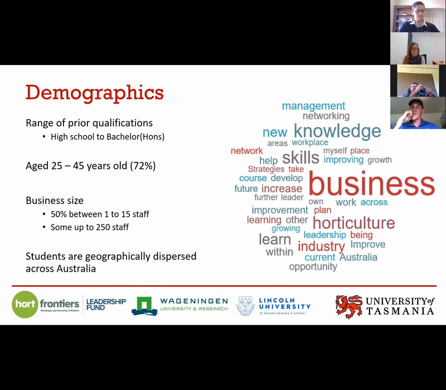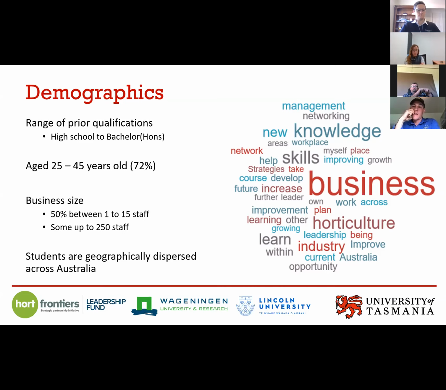Demographics, there's a range of qualifications. So some of you will have completed high school. Others of you will have completed a bachelor's degree or a master's or something like that. We've designed the course so that everyone gets something out of it. So you don't have to worry about your level of education. Most people are between 25 and 45 years old.